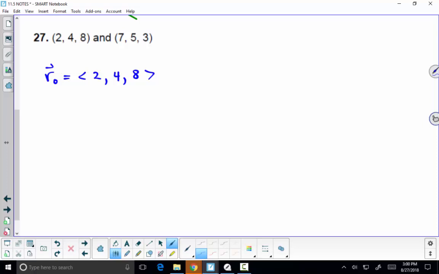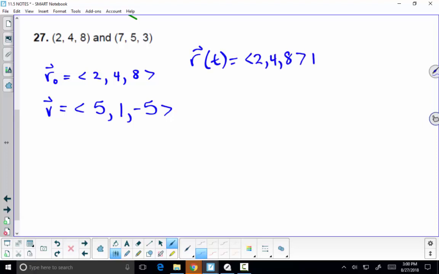The vector that we can scale is V. V is a vector that points, and when it's only direction that we care about, it doesn't matter how long that vector is. So the natural choice for V would be that minus that. So 5, 1, negative 5. And then our natural way to create R would be R0 plus tV.